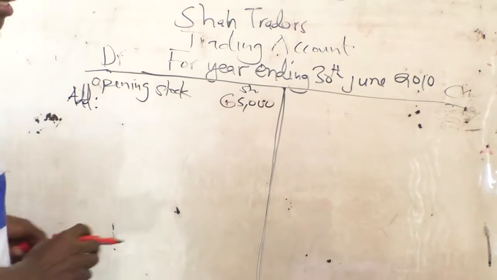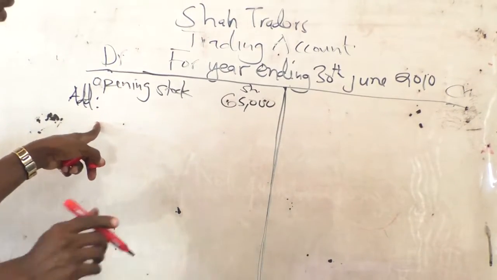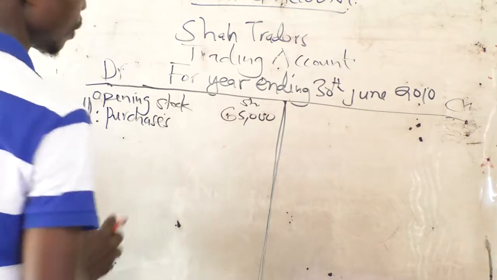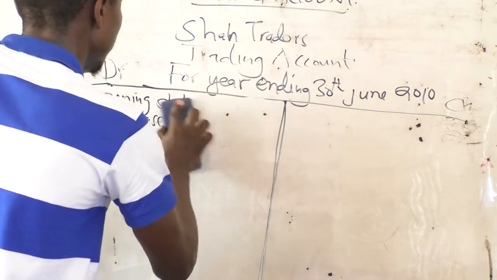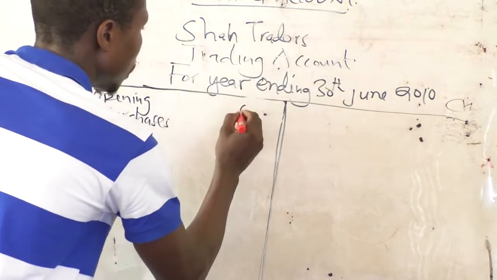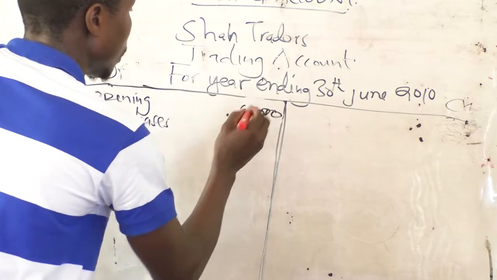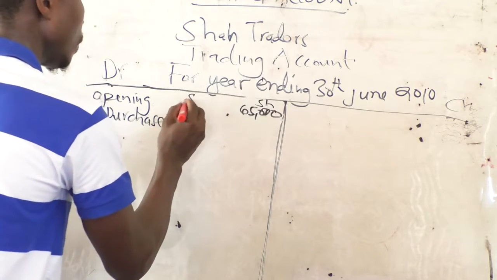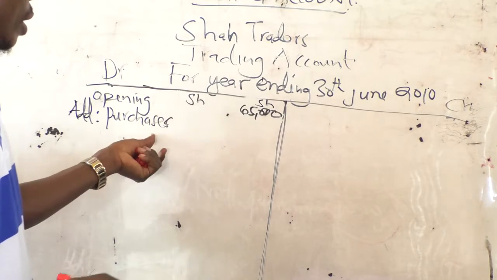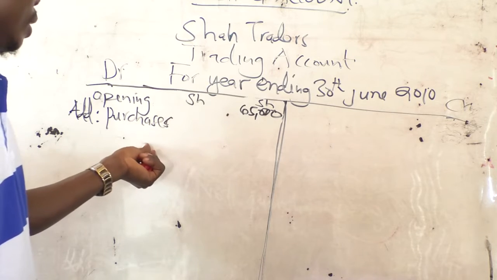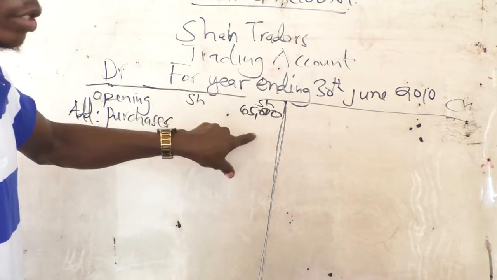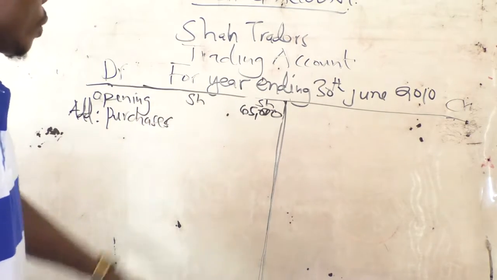You don't write an addition sign, but you just write the word add purchases. I want you to write it like this so that it becomes clear. Later, all the factors that may affect the purchases, we add them in the middle. Then finally we bring the result here and add it to the opening stock, the stock that the business was started with.